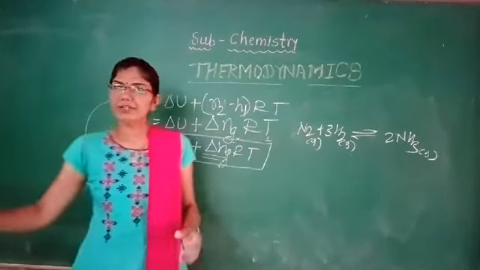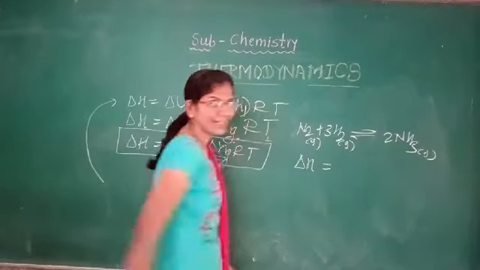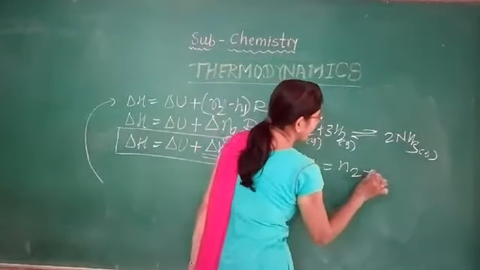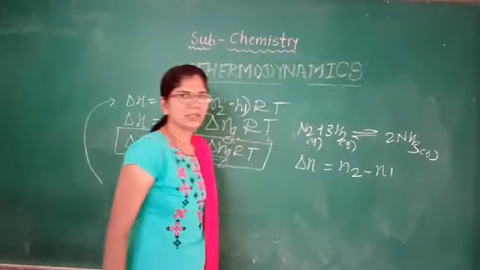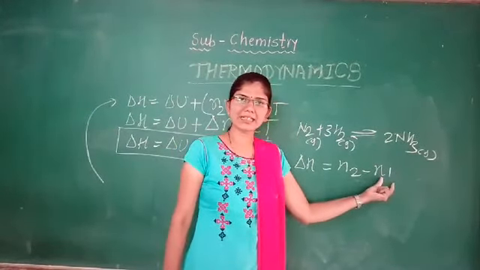gaseous state, and we want to calculate the change in number of moles, that is delta N. Then we have a formula: delta N equals N2 minus N1, the number of moles of gaseous products minus the number of moles of gaseous reactants.